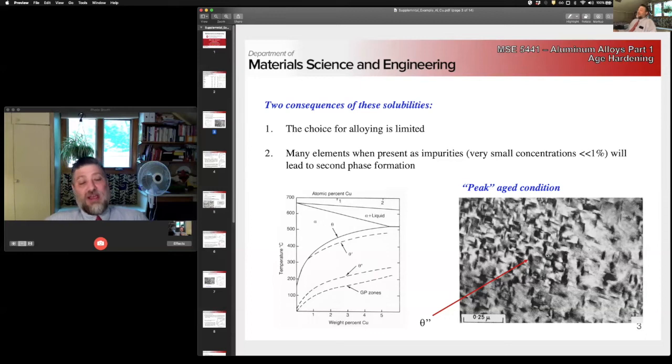What we're seeing here is the elastic strain associated with having one of these precipitates here. Because these theta double prime precipitates have a lattice mismatch, but it's not so much that we get a completely incoherent interface. What we do is we get a lot of elastic strain around these. And so that's where this contrast is actually coming from in this image. So the actual precipitates are, you know, tens of nanometers in size, right?